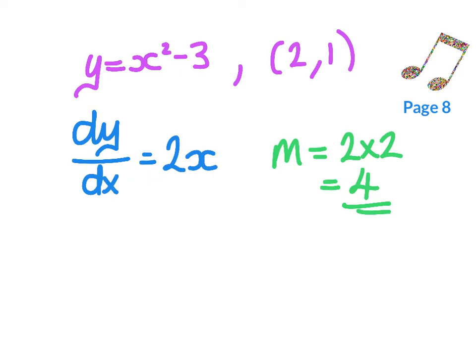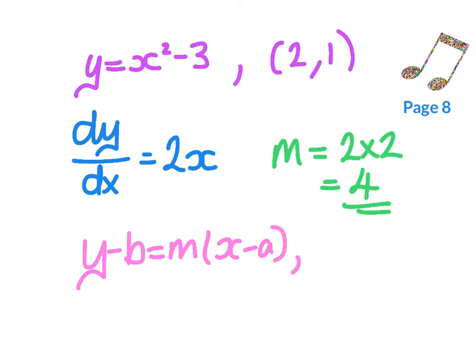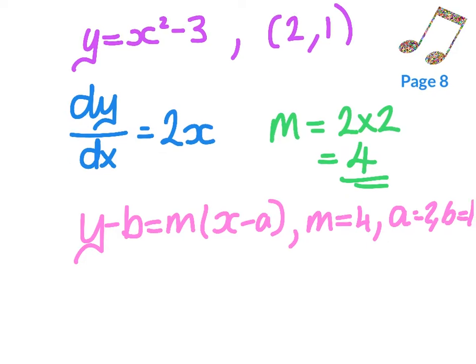Now we're going to use our straight line formula. And we're going to remind ourselves of the things we're going to substitute in. We're using a gradient of 4. Our a will be 2 and b will be 1. So we substitute in as normal. y minus 1 is equal to 4(x minus 2).